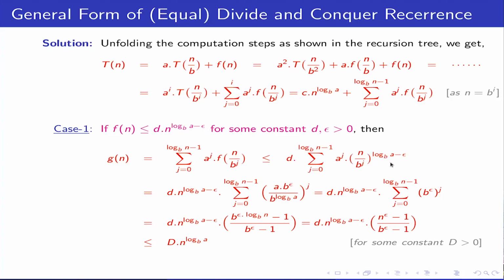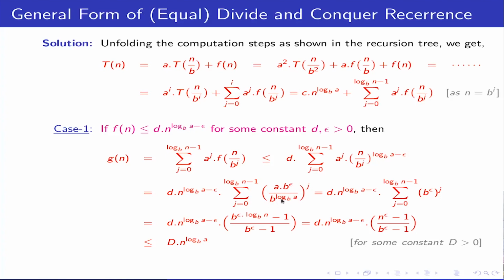Unfolding this one, you see this is dependent on j. That means n to the power of this whole term can come out because there is no j here. So the only thing that remains is a times b to the power epsilon by b to the power log a base b, to the power j. Because this is minus epsilon, I just put b to the power epsilon, multiplied on both sides.